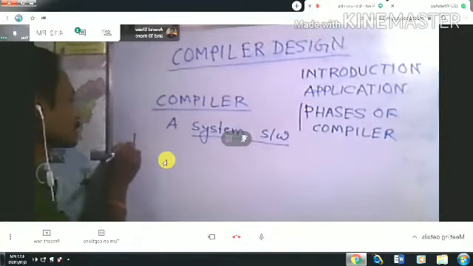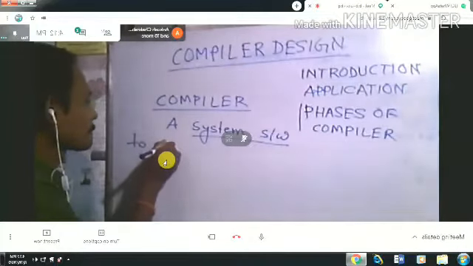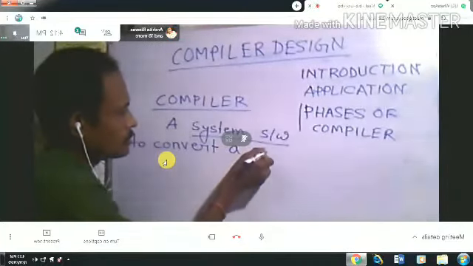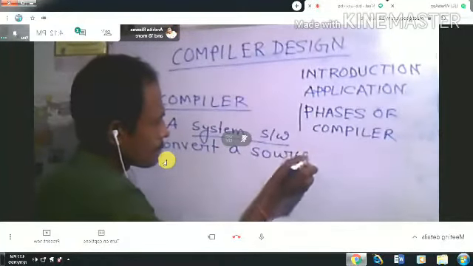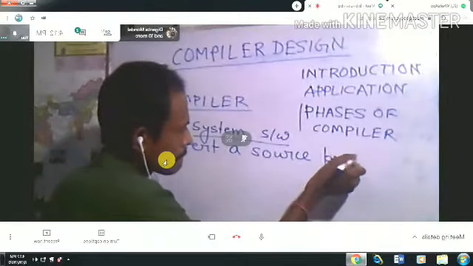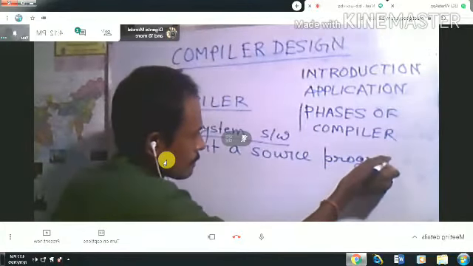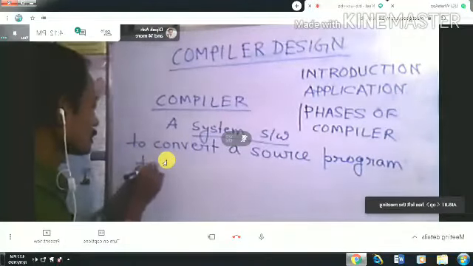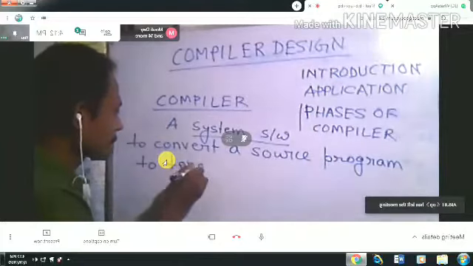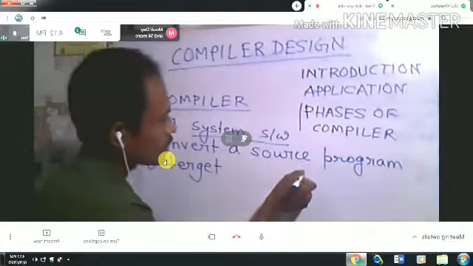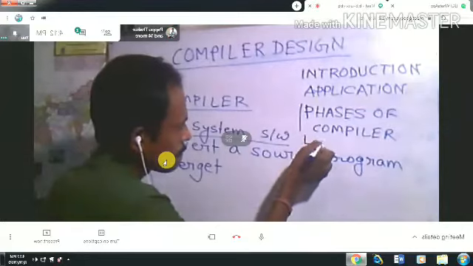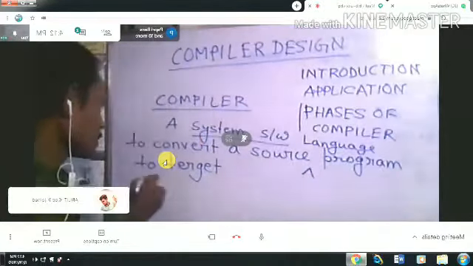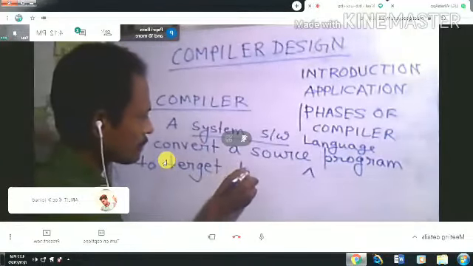Okay? To convert a source language program to a target language program.